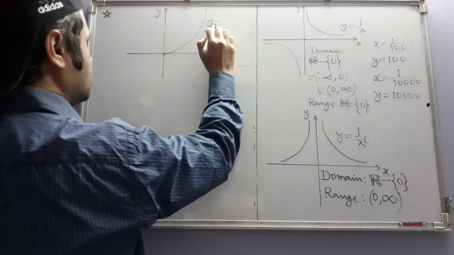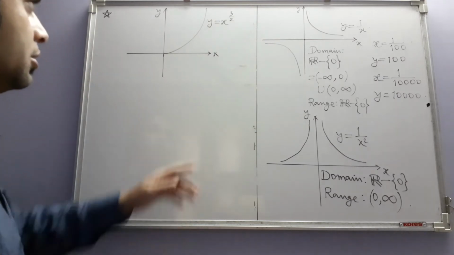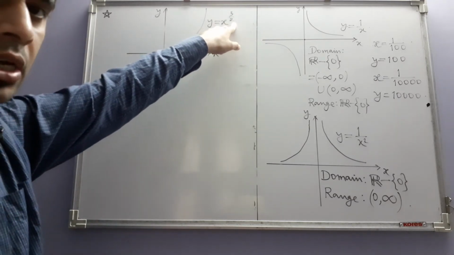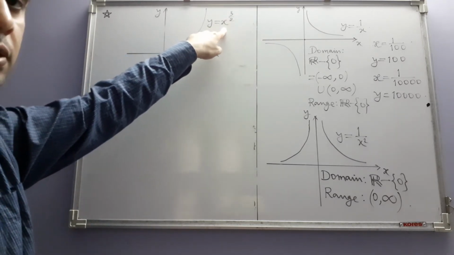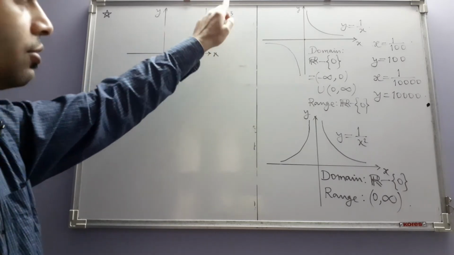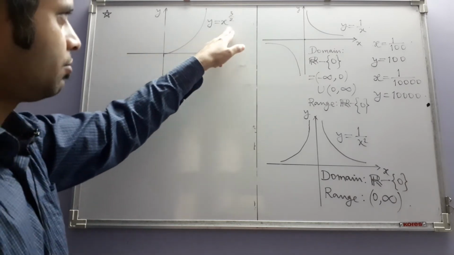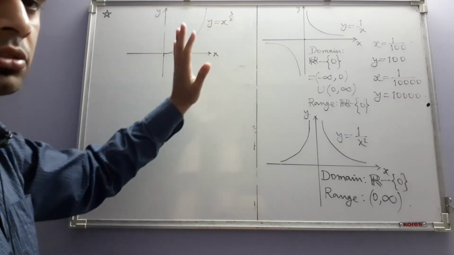The function is y equal to x to the power 3 by 2. Since square root is involved, negative values of x are not allowed, and the function also is positive. It becomes 0, of course, at one point where x is 0, y also is 0.